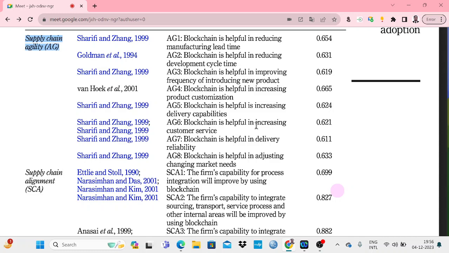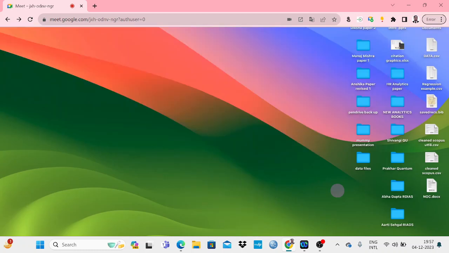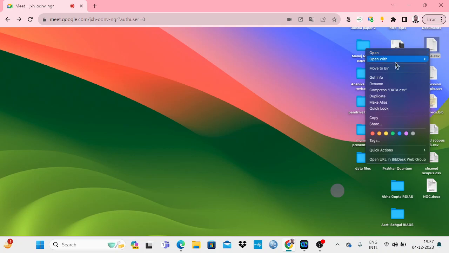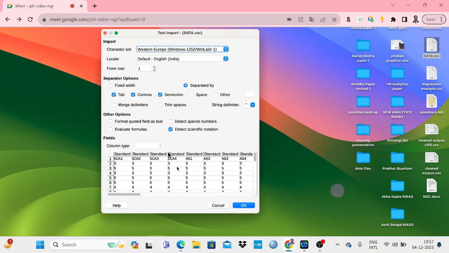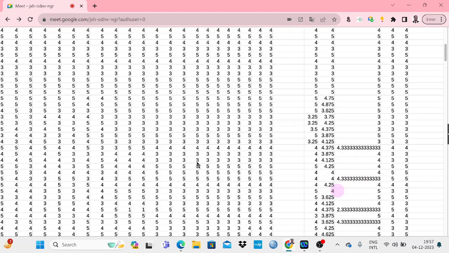After you validate the questionnaire, then you test the theory, whether the independent variable affects the dependent variable or not. If we open this in Excel, you can see how the data for this paper was organized.